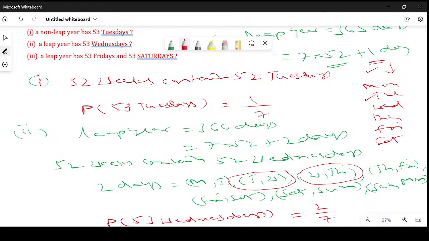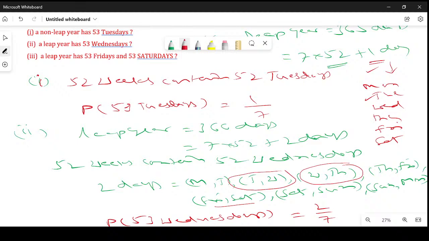So the remaining two days must be the Friday and Saturday combination, and we have only one such combination. So the favorable event is only 1, so 1 by 7.